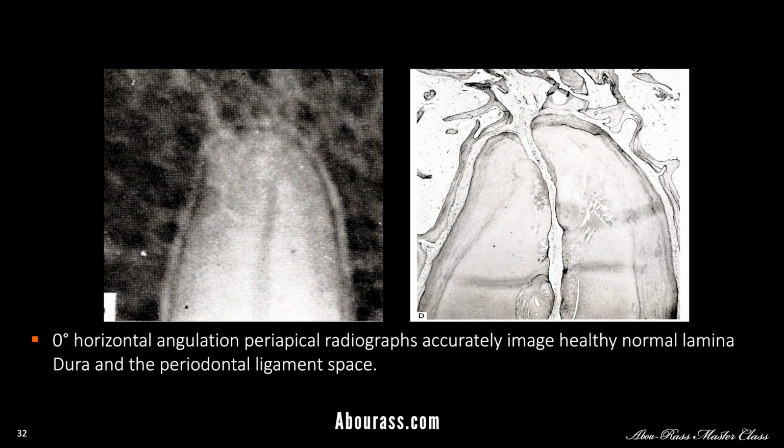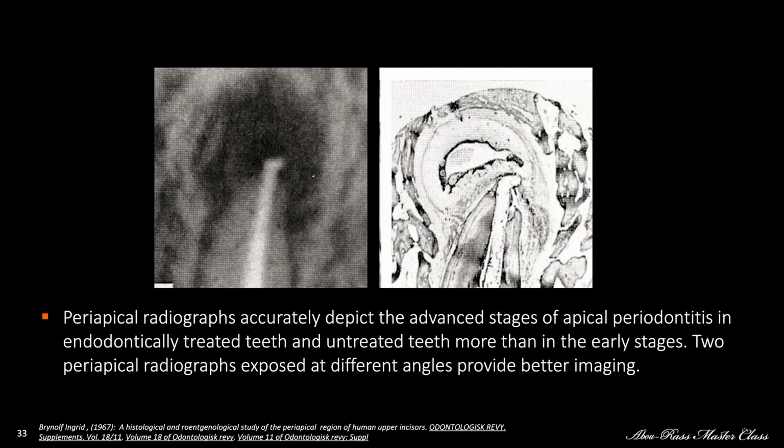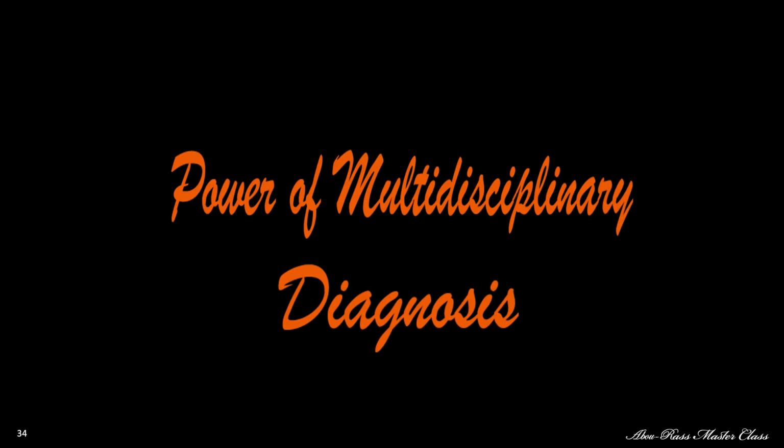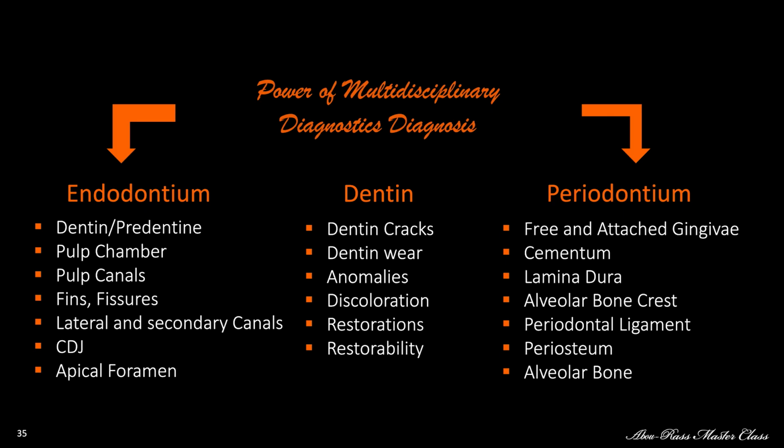And based on that, I made the 10 ADI and the presentation in the master class to go with it. Another power of the 4ROD is the power of multidisciplinary diagnosis. And what do we mean by that? It's what we learned.